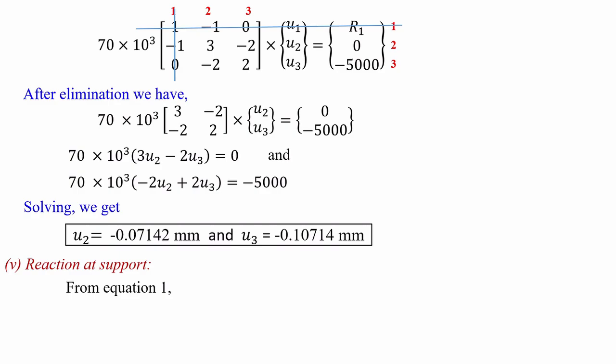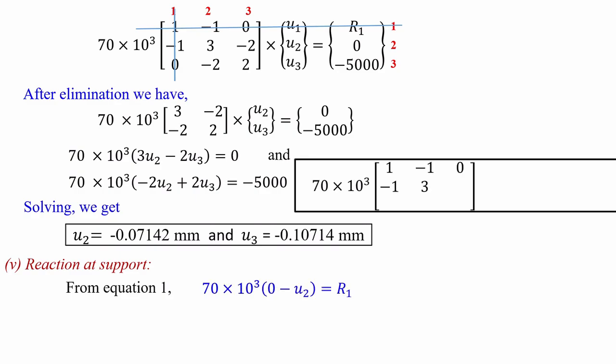Now let us compute the reaction at support. From equation 1, we can write 17 to 10 is to 3 into 1 into u1, minus 1 into u2, plus 0 into u3. Now since u1 is equal to 0, we'll have the first value in the bracket as 0, then minus 1 into u2, and third is u3 into 0.